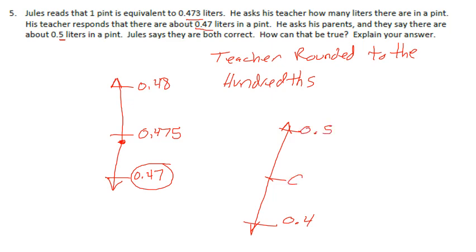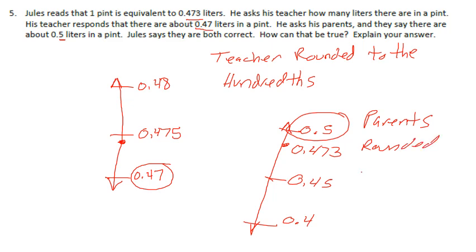And the center would have been 0.45. If we look at the original, it was 0.473. So it was above half, so we had rounded to 5. So parents rounded to the tenths.